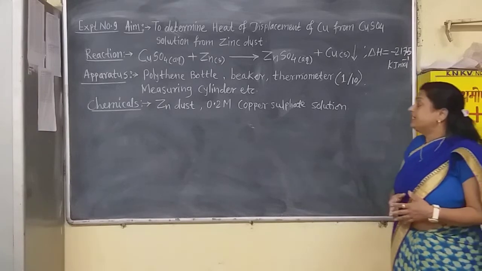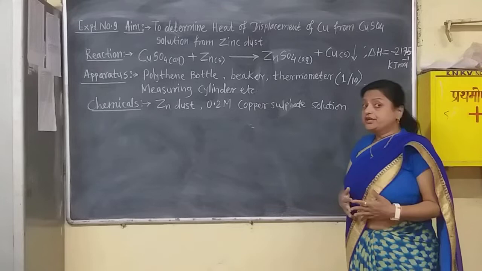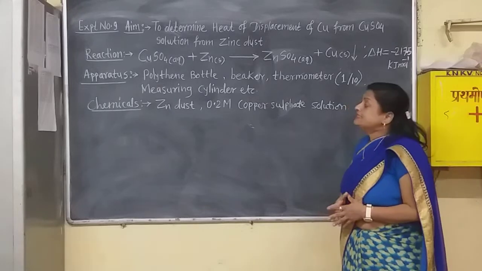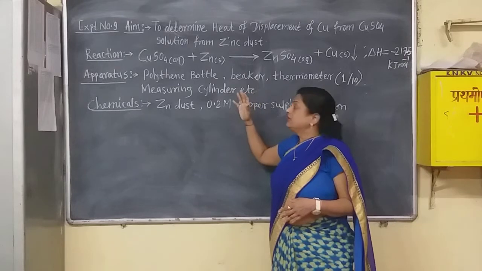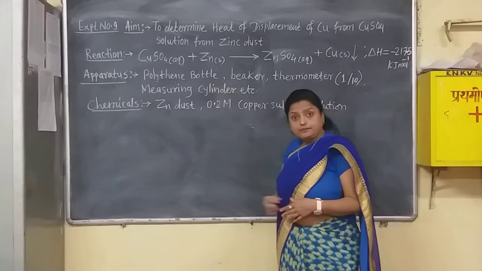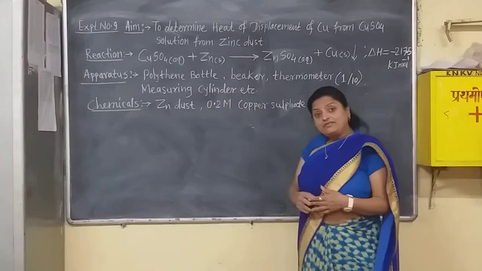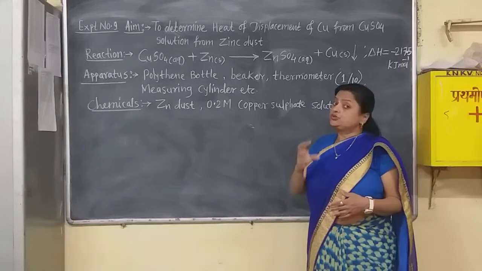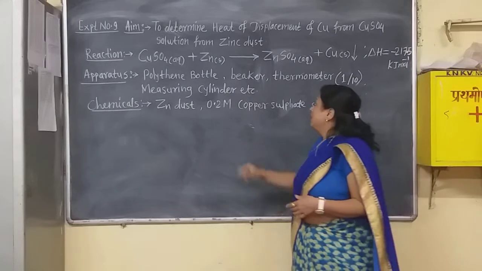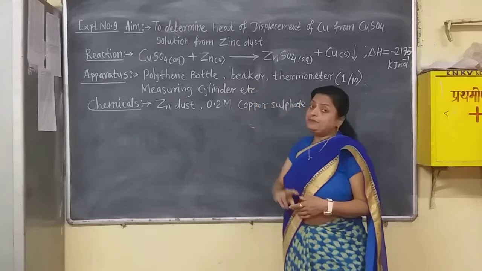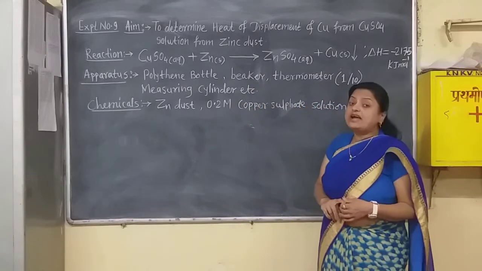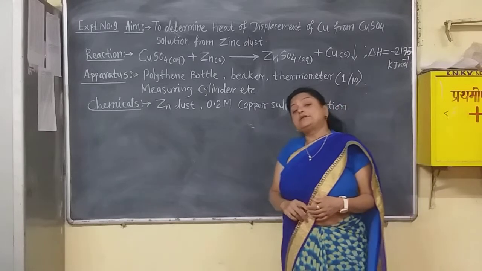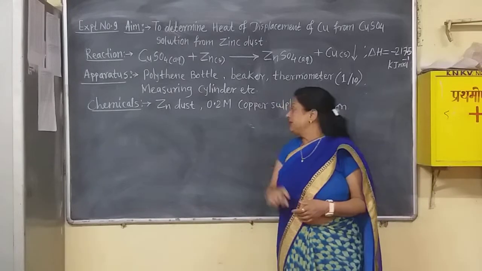Now we have taken 1 gram of the zinc dust. For this practical, which apparatus is necessary? A polythene bottle having 2 holes in the cork. A beaker for the copper sulfate solution; 0.2 molar copper sulfate solution is required, and the quantity is 25 ml.